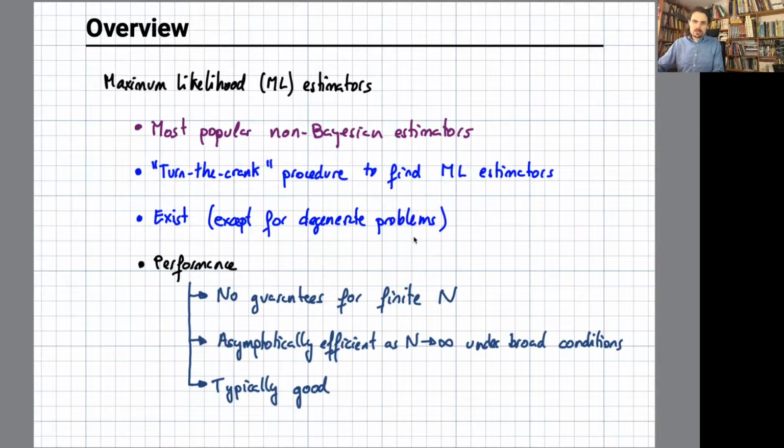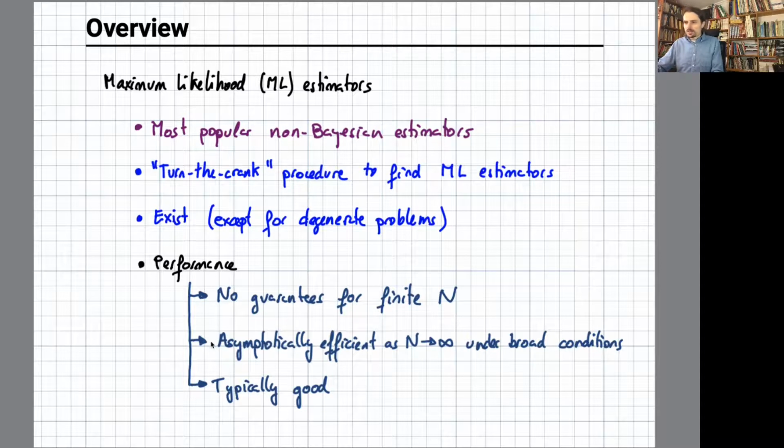But these benefits come at the cost of lack of performance warranties for finite data records, right? So, in particular, the maximum likelihood estimators may be biased.